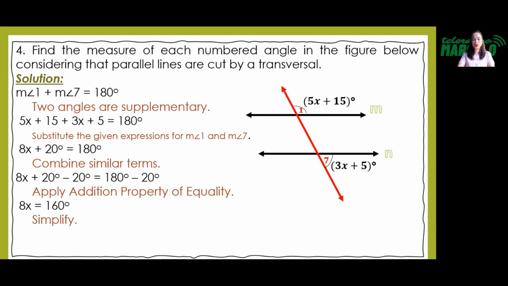And to do that, we have to apply the multiplication property of equality. That means we just need to divide both sides of the equation by 8 so that x will be equal to 20.